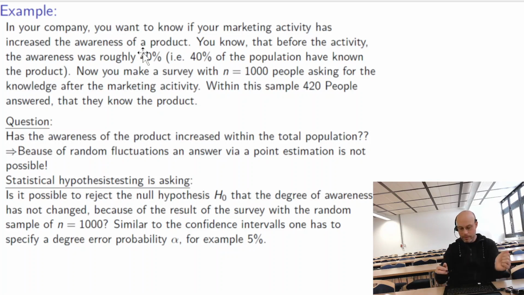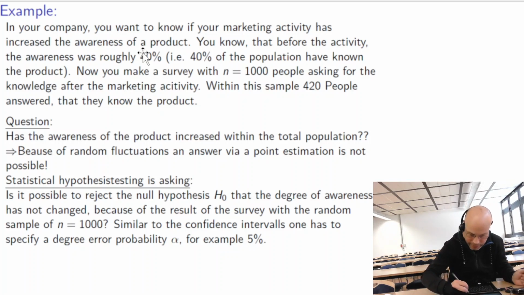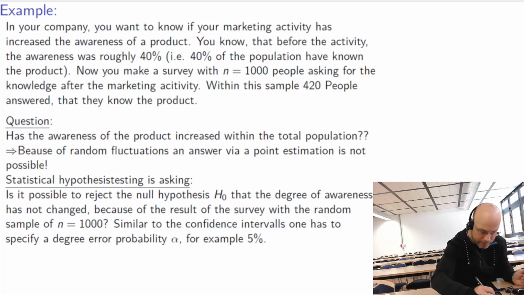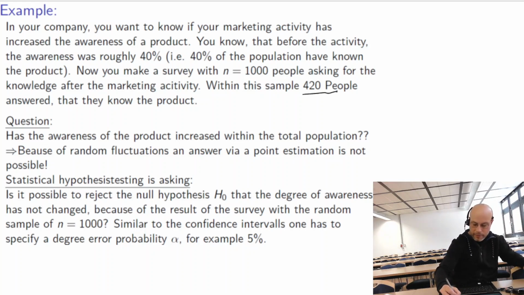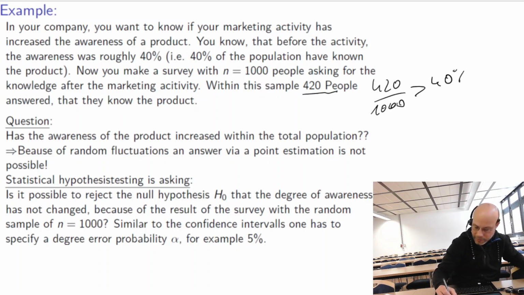But of course, this is a statistic experiment, and therefore I never can say I'm totally sure that, since 420 over 1000 is greater than 40%, the awareness of my product has increased.